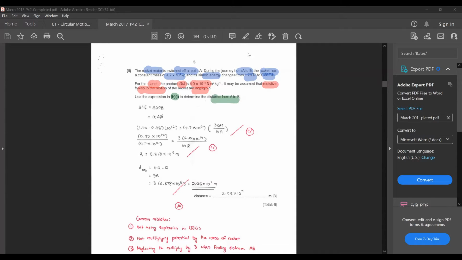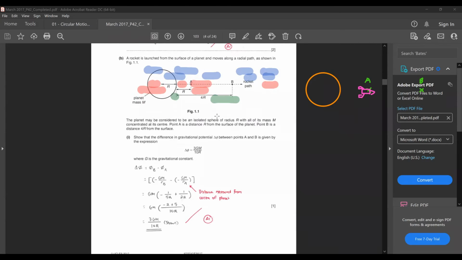Okay, so just to recap a little, what you just saw earlier was that you have this planet here, and then you have 2 points, points A and points B. Okay, so you are supposed to have a rocket right over here at point A initially. I think they mentioned that before.